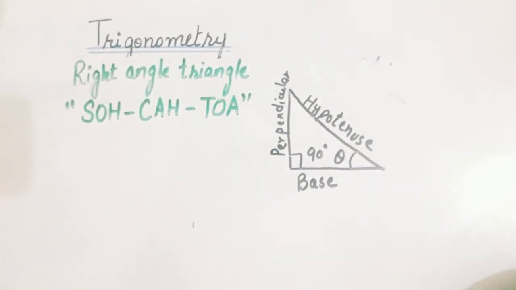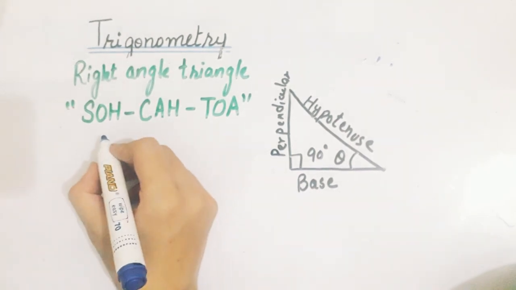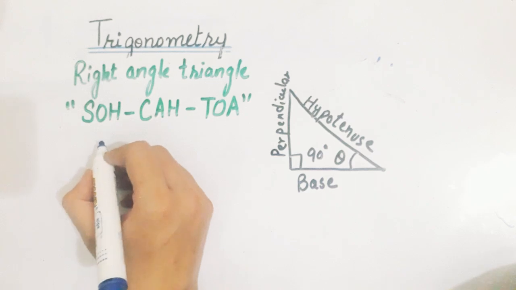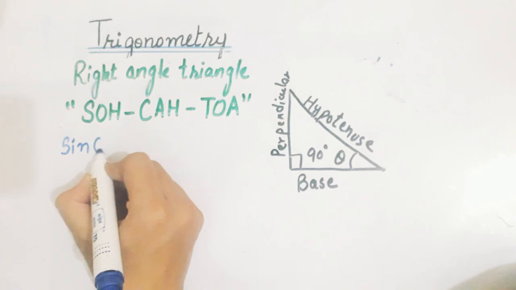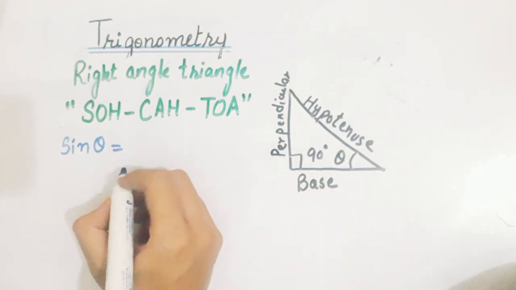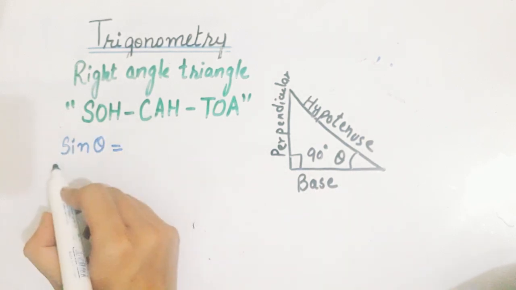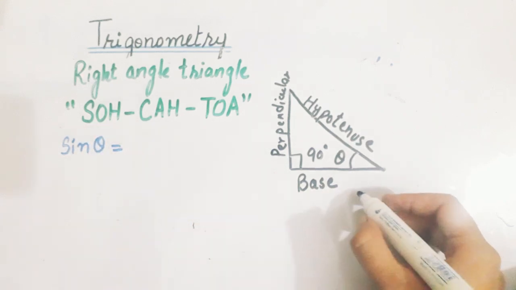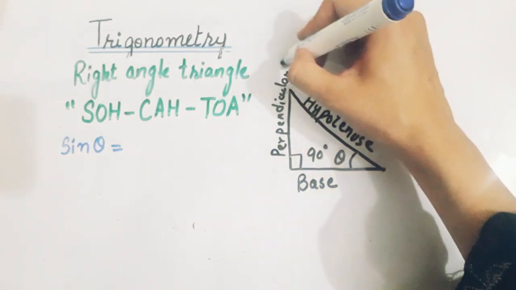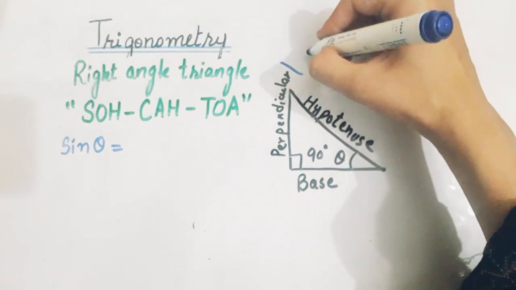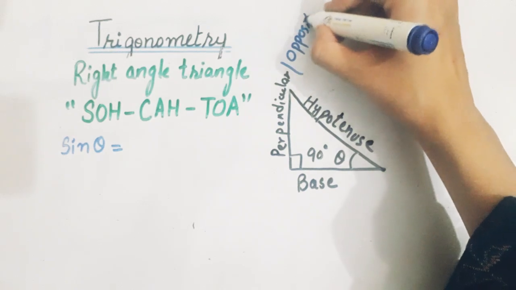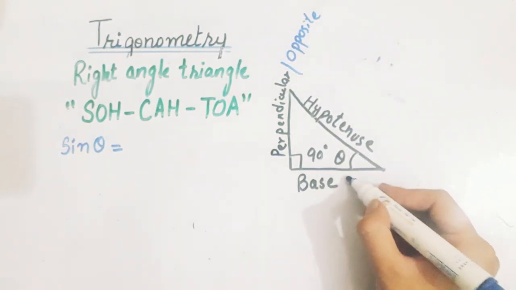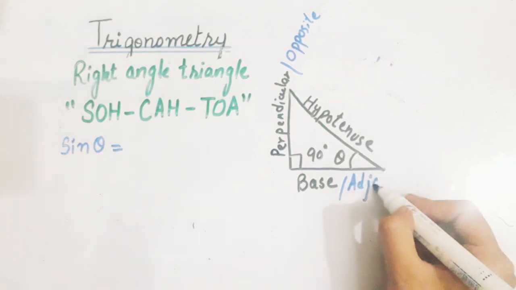So according to this, we will define first of all sine theta. According to this angle theta, sine theta, S defines sine, and perpendicular is also called opposite, and the base is also called adjacent.